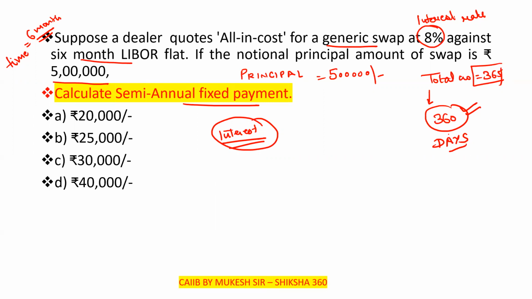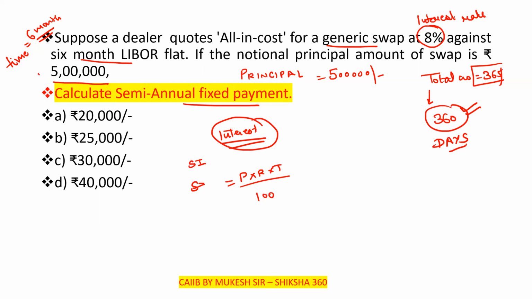So let's discuss this. It is a simple interest formula for the semi-annual fixed payment. We just have to put P into R into T upon 100.